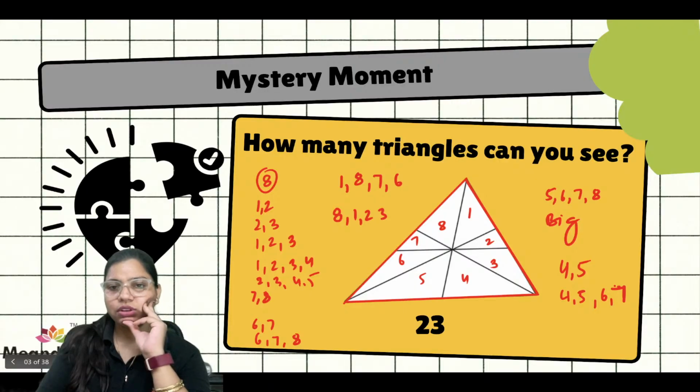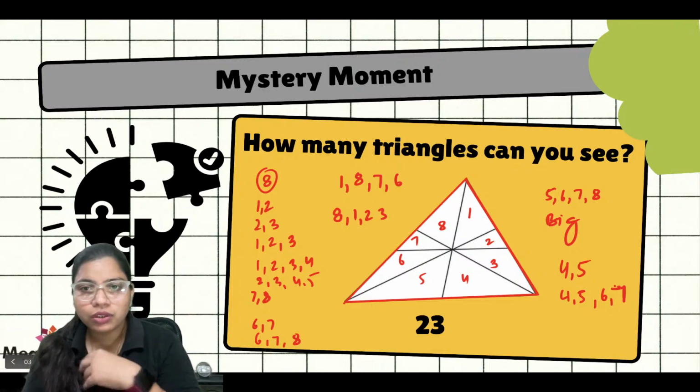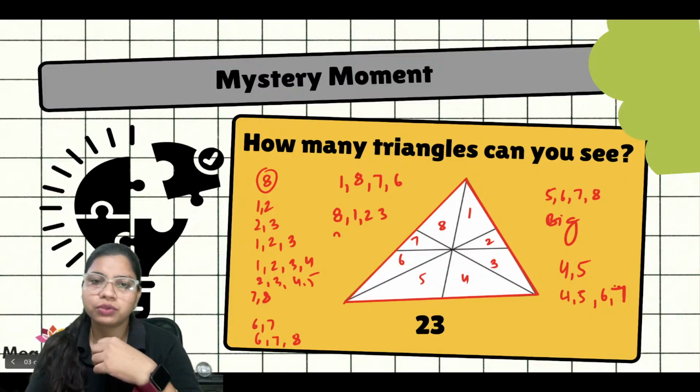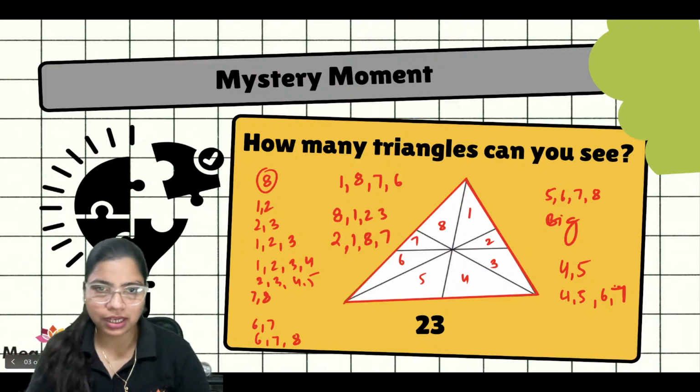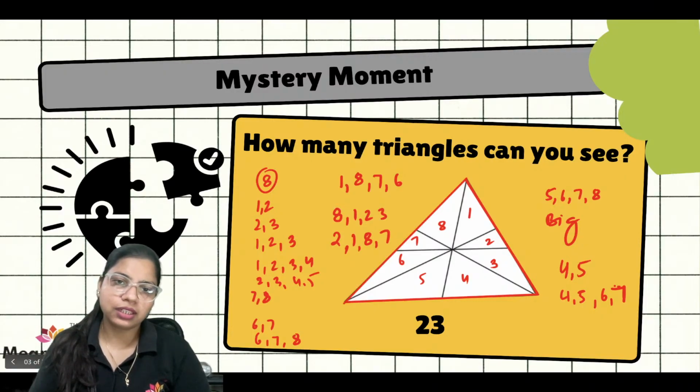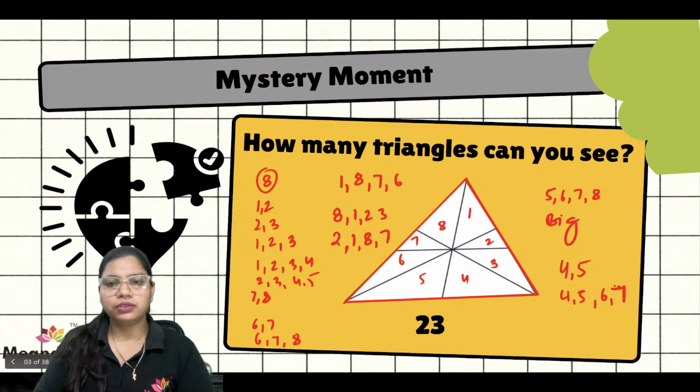We wrote it. Oh yes, see, 2, 1, 8, 7. Help me out, what am I missing? Shall we count how many are done? 8, 9, 10, up to 23. I think 23 are done, no?